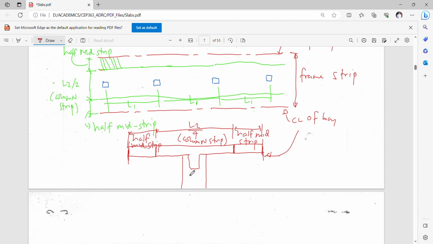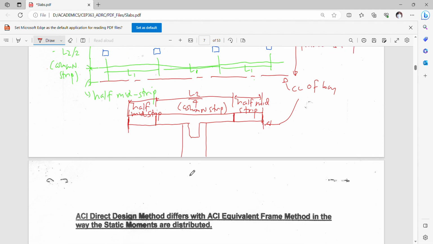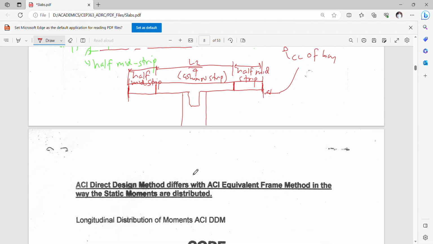Later on, this column strip here will be divided into a beam part and a slab part. The beam part includes the projection that I told you, and a small part here is the slab part.